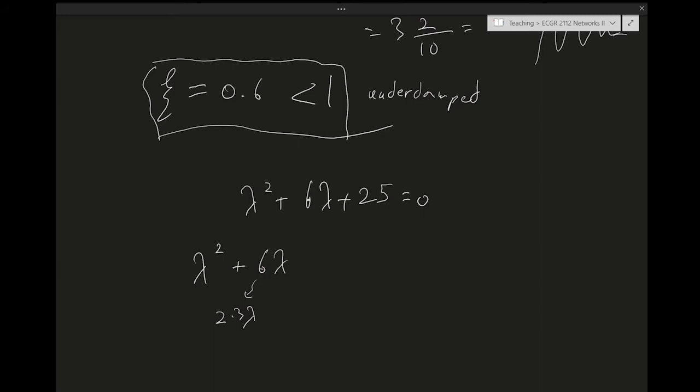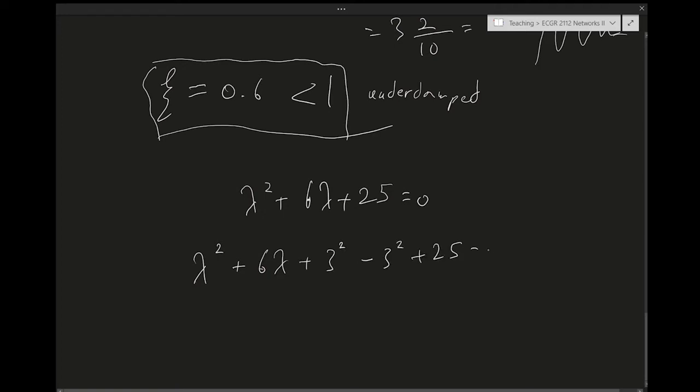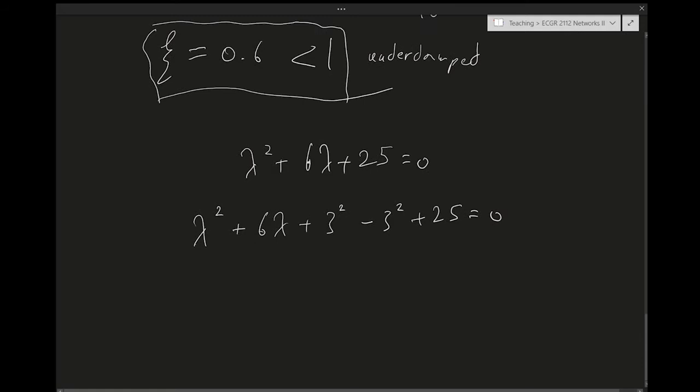So that means the second term should be 3. So I can add 3 squared, which is 9, here. And then I can subtract 3 squared and keep plus 25, and I get the same thing. So this is the act of completing the square.